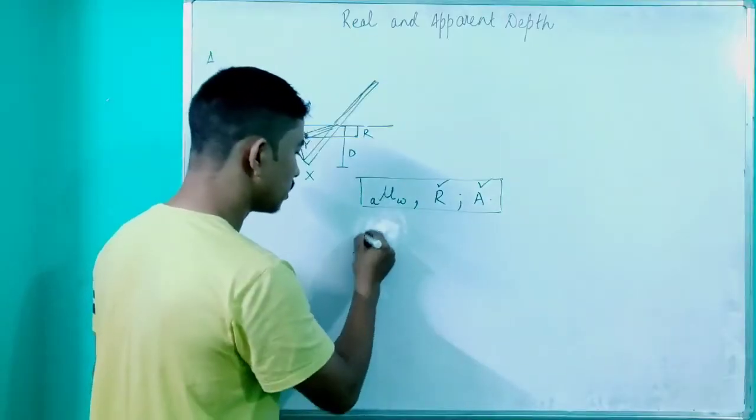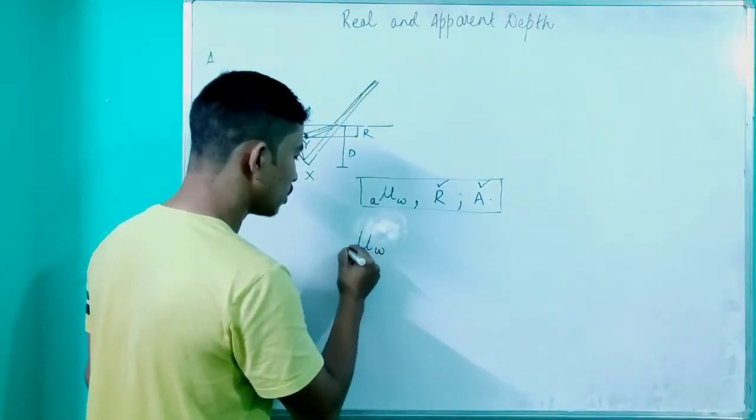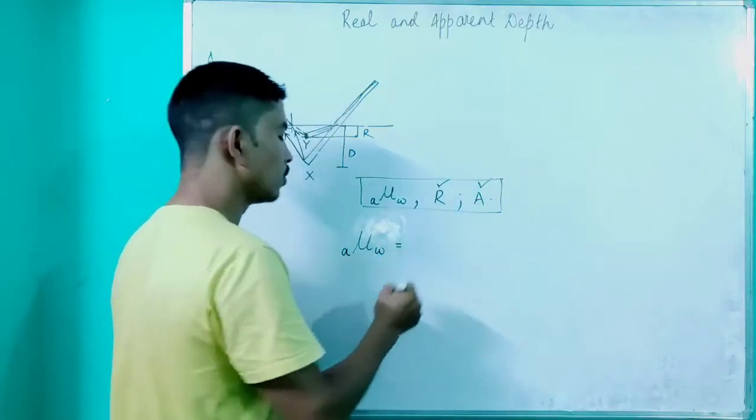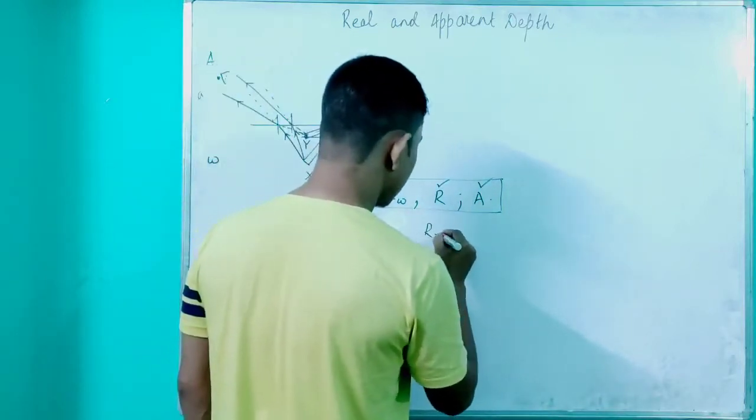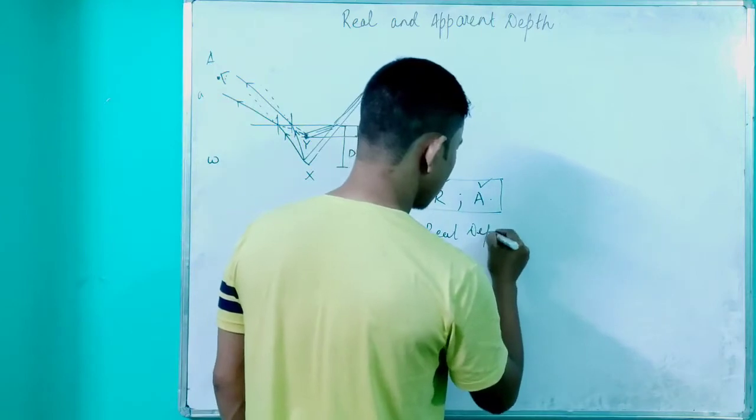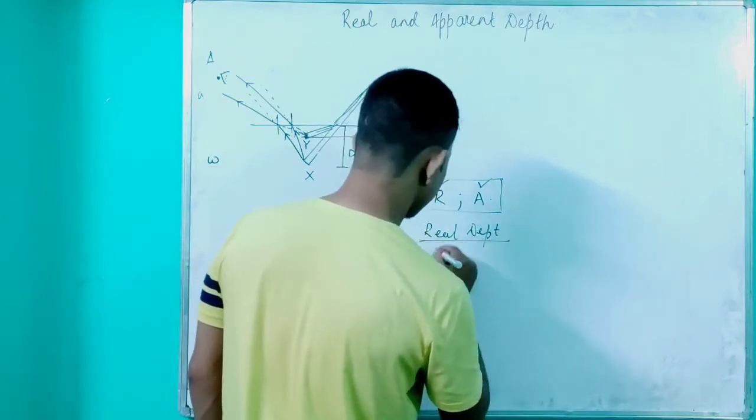So I can write that the refractive index of water with respect to air will be equal to the real depth divided by the apparent depth.